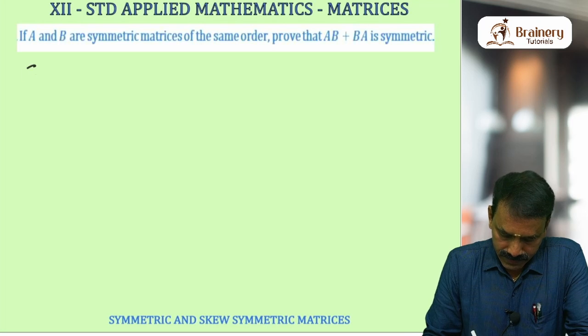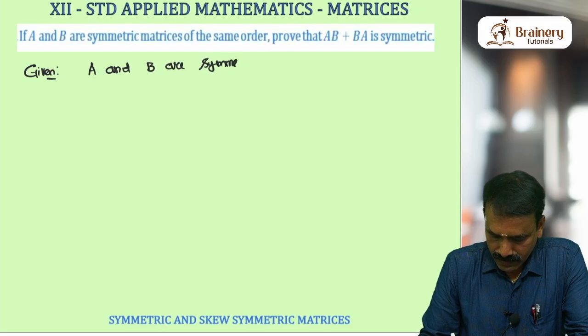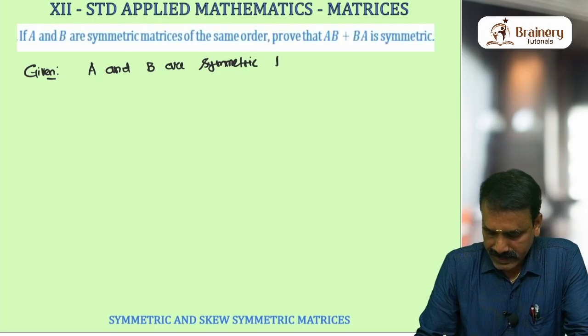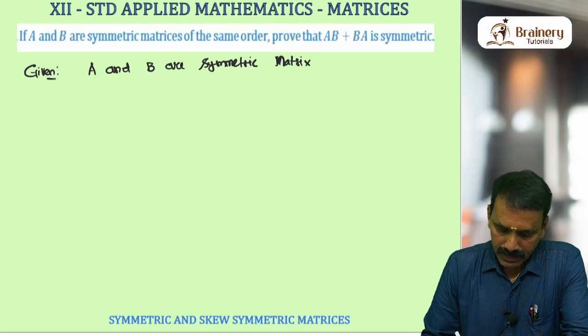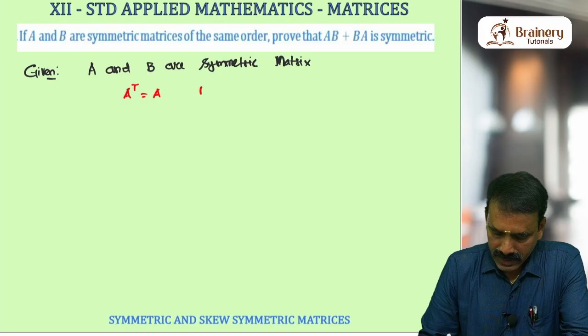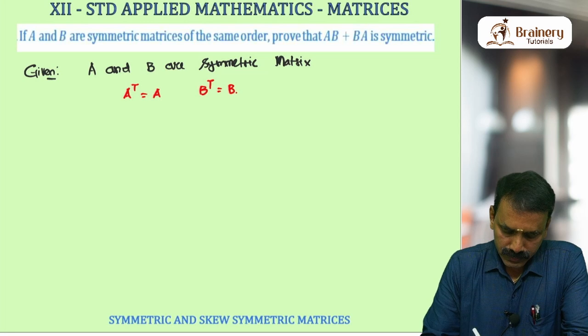So given, A and B are symmetric matrices. What do we know about the property? A transpose will be equal to A and B transpose will be equal to B. What are we supposed to prove?